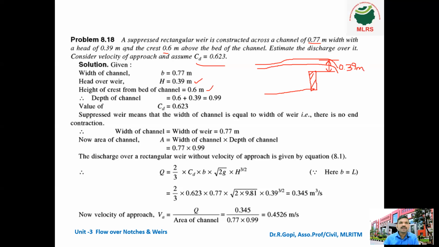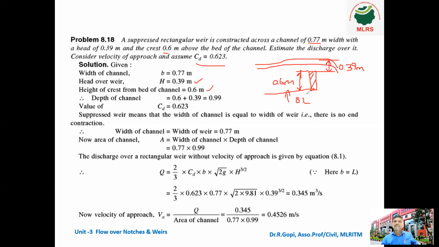Okay, and the crest 0.6 meter above the bed of the channel. So this is crest. This crest height is 0.6 meter, above the bed level. So this is called bed level, BL, bed level.